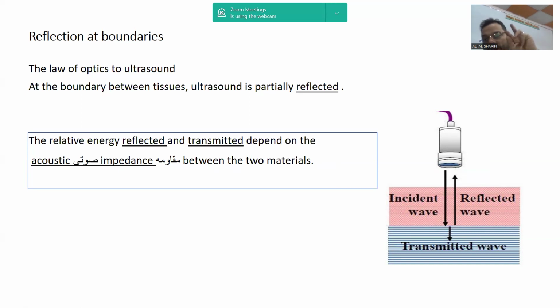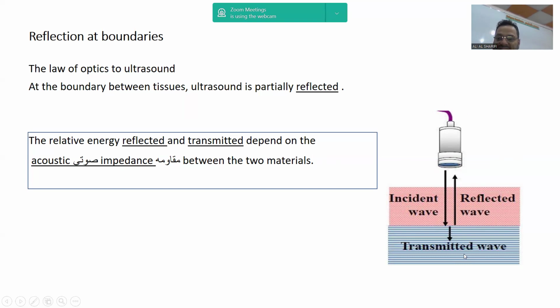Something like two ways, go and come. The relative energy reflected and transmitted depends on the acoustic impedance, or acoustic resistance, let me use a simple word, between the two materials.